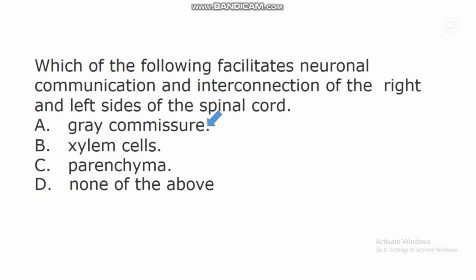If anything goes wrong in this structure, there will be a serious problem of communication and interconnection of the neurons in the right side and the neurons in the left side of the spinal cord. Every structure or every part of the spinal cord has a role it plays in ensuring that the spinal cord functions very effectively.